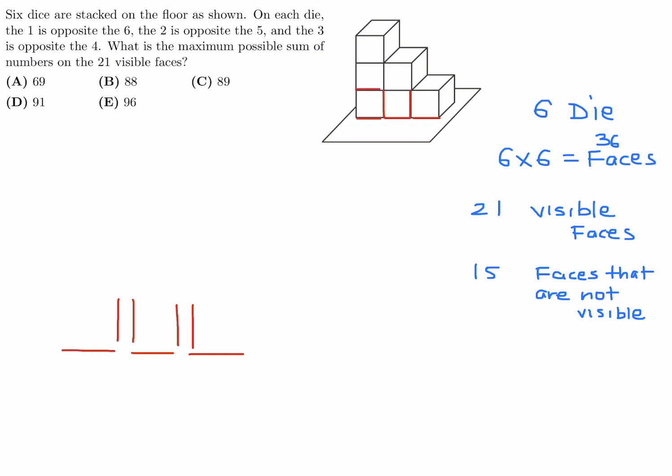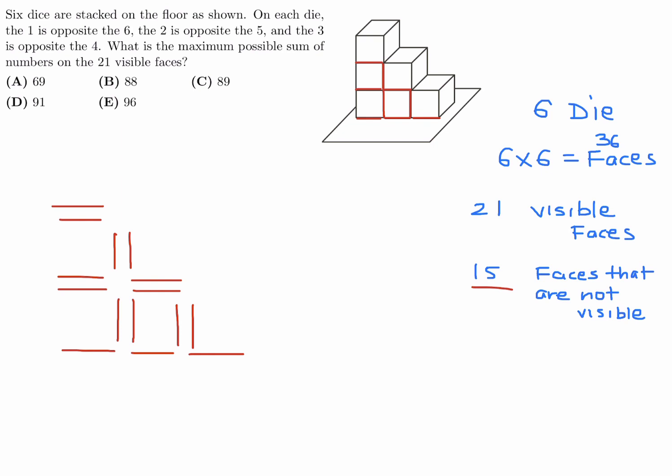The next one is this one and this one, and in a very similar way, they have 2 faces touching each other. Then this one, which has 2 faces, and then finally this one, which has 2 faces there and there. And this should total 15. 1, 2, 3, 4, 5, 6, 7, 8, 9, 10, 11, 12, 13, 14, 15, and it does.